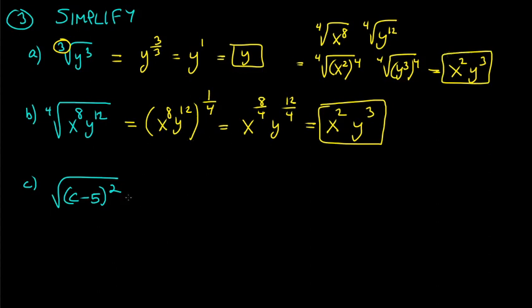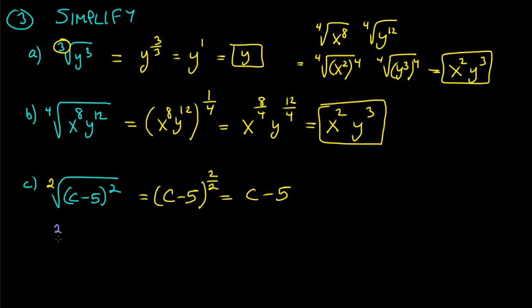Part C, as always, is the tricky one, right? Because this is c minus 5, and if you're using exponents, it would be 2 over 2. Remember, there's an invisible 2 here, so the denominator is 2. So you might think this is just c minus 5. And, well, that's not quite right, because we're not stipulating that c minus 5 is positive here, right?